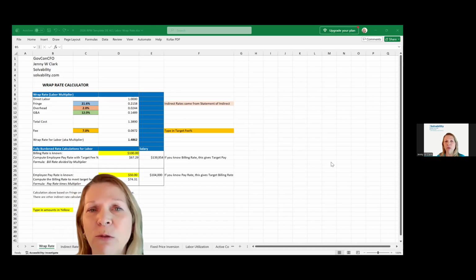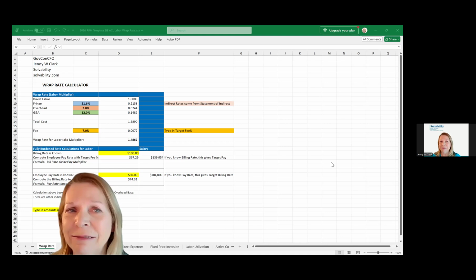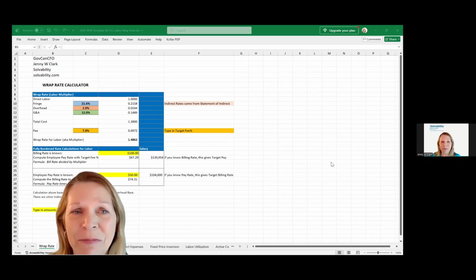I want you to understand that you have covered all of your cost and you've got a profit coming in. I also want you to have the flexibility to know, if this is a really important bid for us to win, we need to understand our rates and we need to understand what we can tweak to be more competitive on price. Because what matters is that you win.